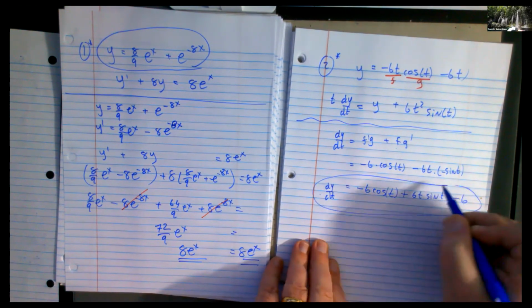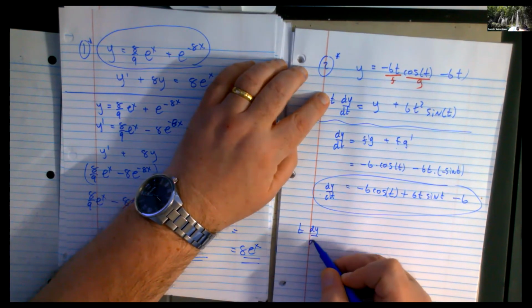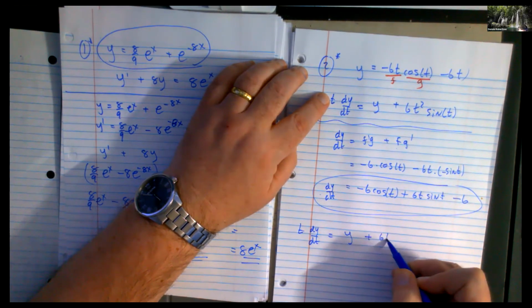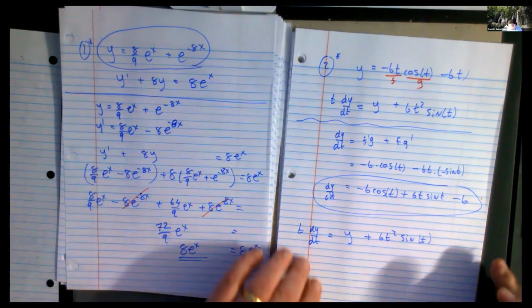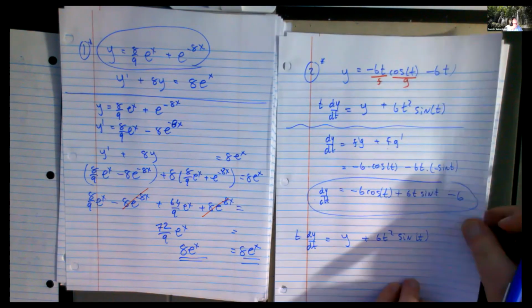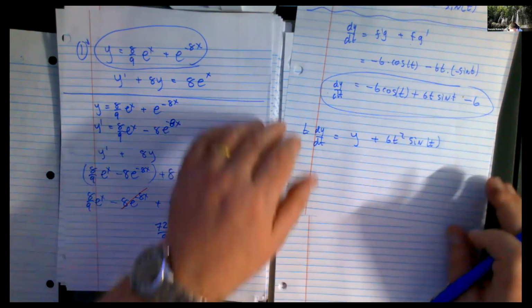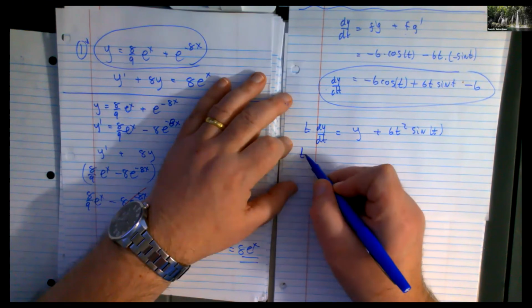So t times this guy should equal y plus 6t squared sine of t. And if it does, we've proved what we're being asked to prove. So it's going to be t times the ugly mess.